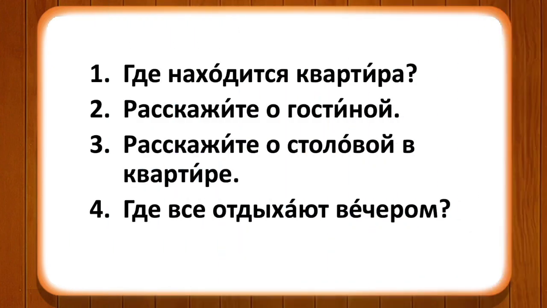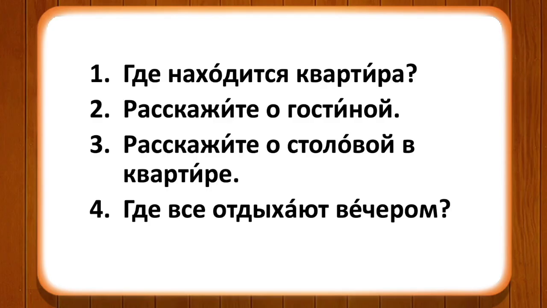So here we have understood the text with the help of English translation. Now we shall attempt to understand the questions based on the text. The first question is, где находится квартира? Where is the flat situated? The second question is, расскажите о гостиной. Please narrate about the living room.